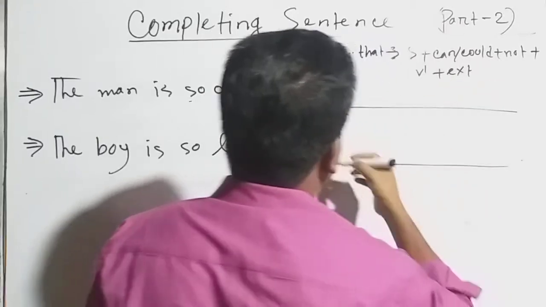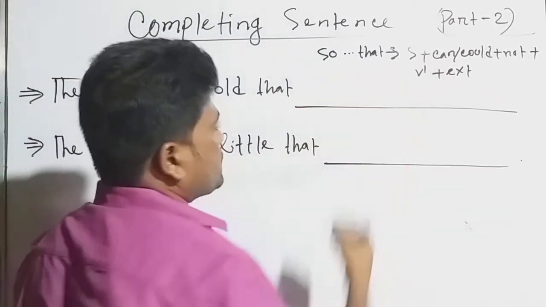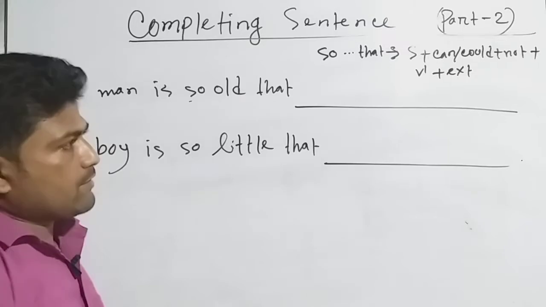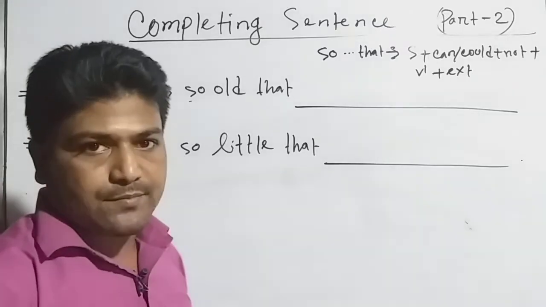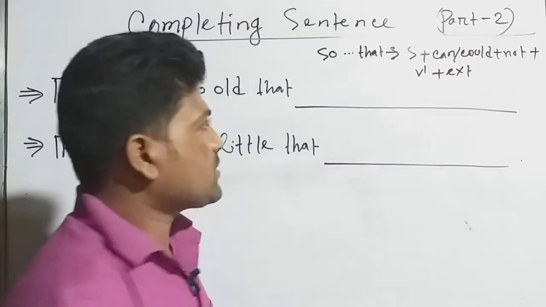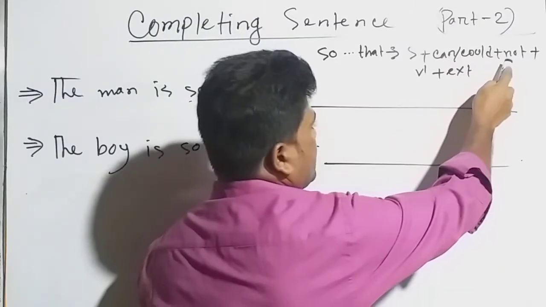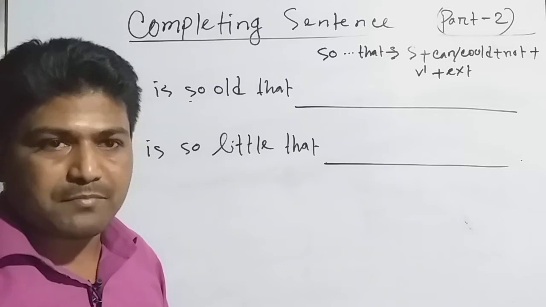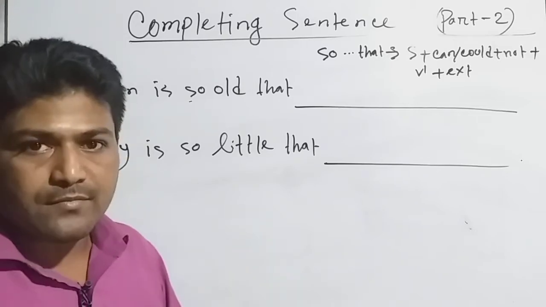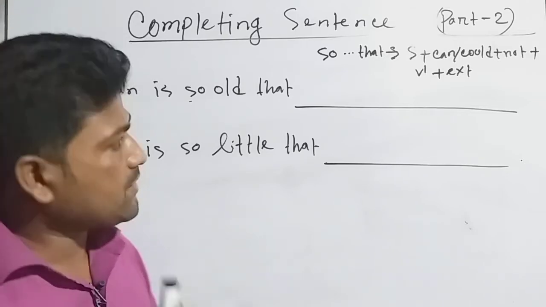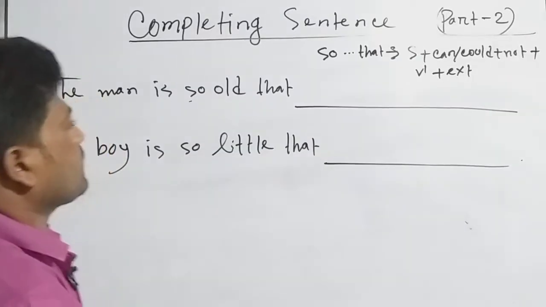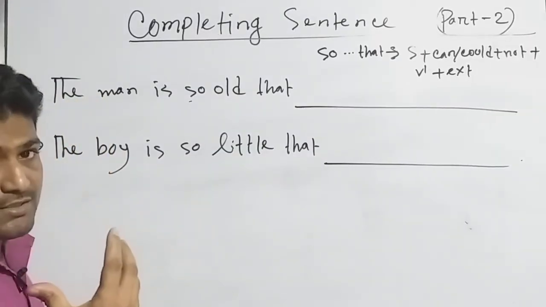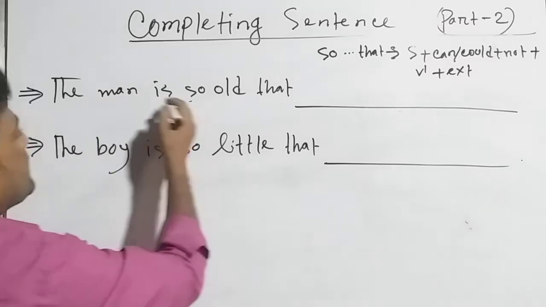You have to follow this structure. This structure is the same as the first structure, only we use "not" extra here, but the structure is the same, like the first rule.